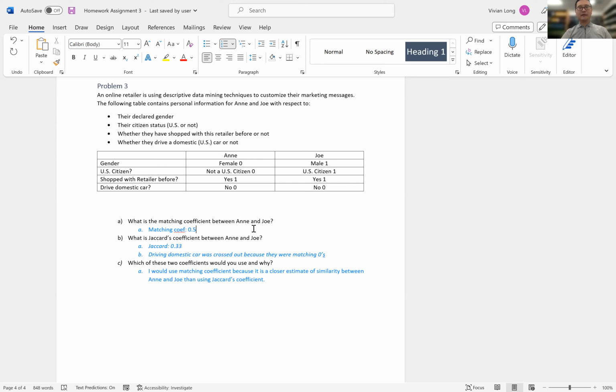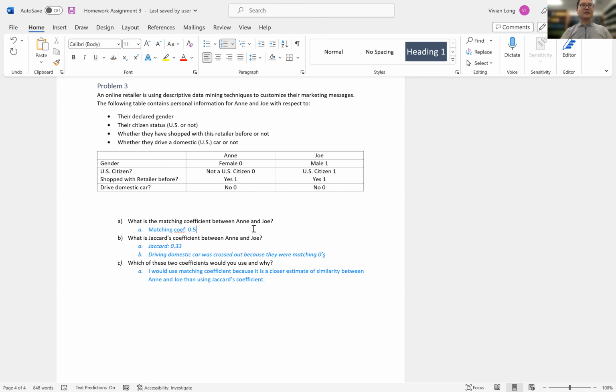So as we discussed earlier, always consider what it means when the subjects answer a question, whether it actually captures any similarity. So here, the student did not believe that driving or not driving a domestic car measures any similarity. If none of them drives a domestic car, it could be because neither of them even drives a car. They may use other modes of transportation, or one of them drives a car, but it's not domestic, and the other does not drive a car.